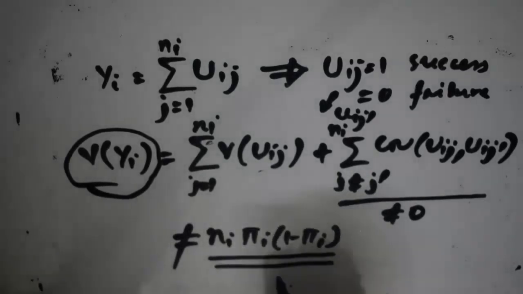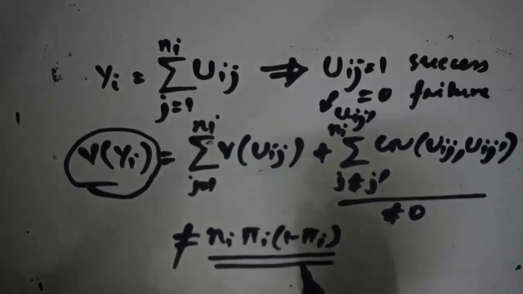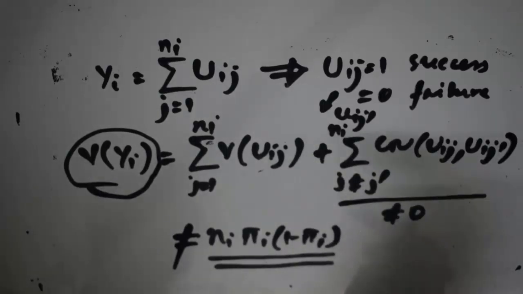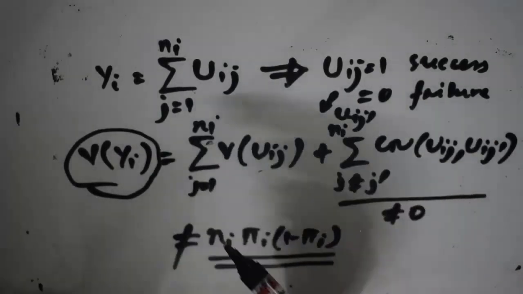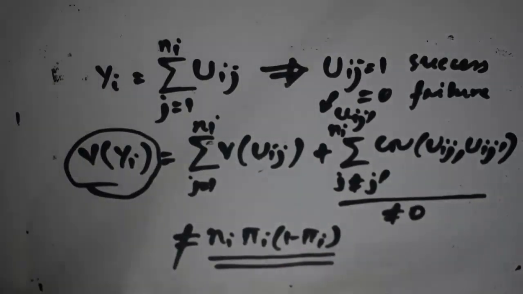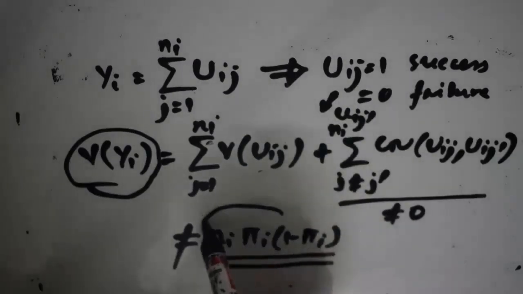This is the variance in the situation when overdispersion or underdispersion does not occur. That means when yi follows a binomial distribution with ni, pi i, then this is the variance.